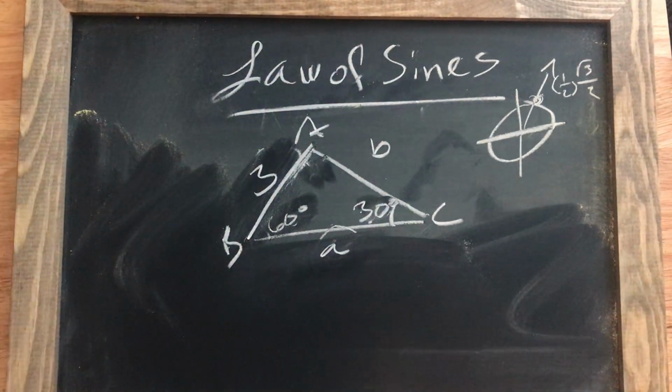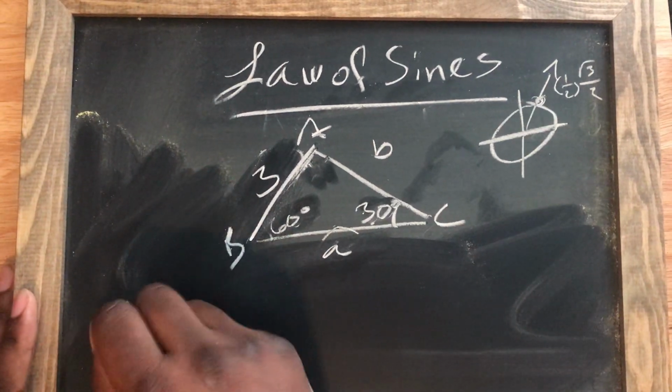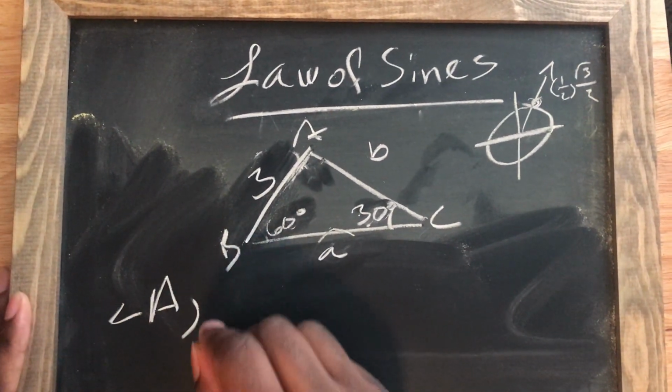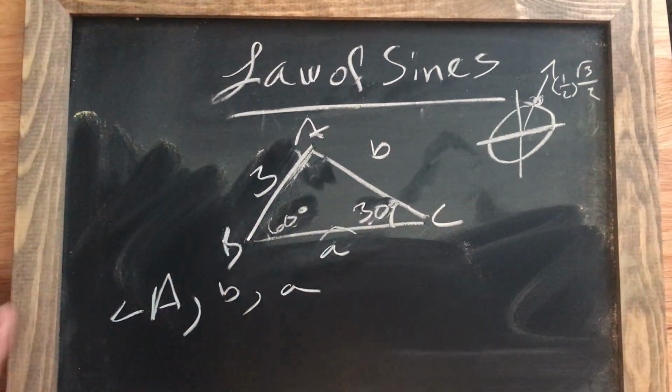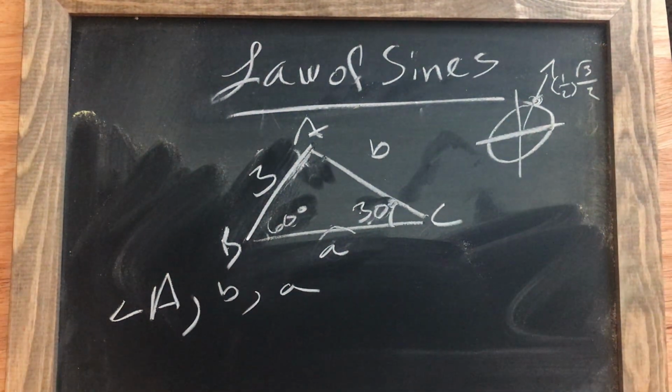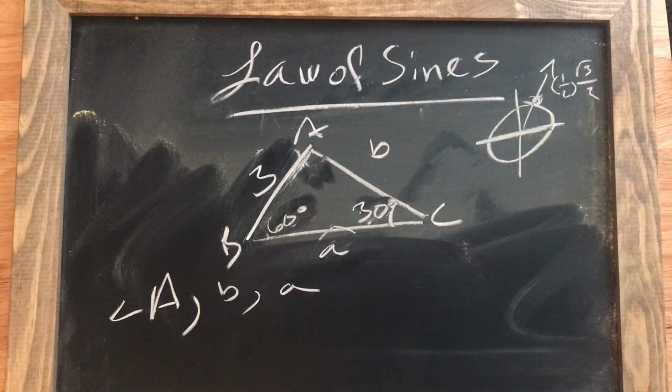What if I wanted to figure out angle A, little b, and little a? How can I do that?